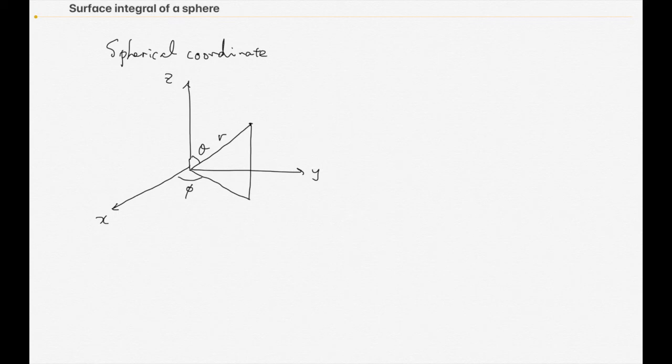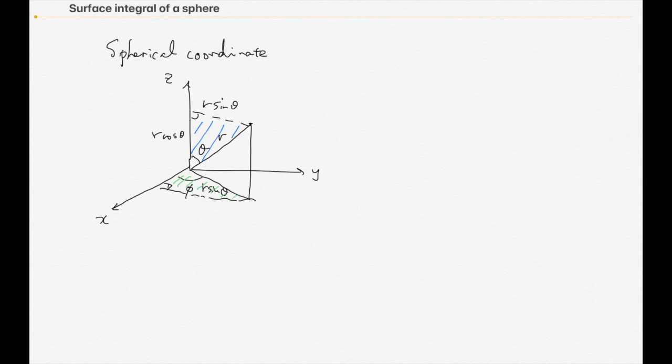So from these equations, these figures, look at this triangle. You could find this is r sine theta. This is r cosine theta. Then you could consider this triangle.